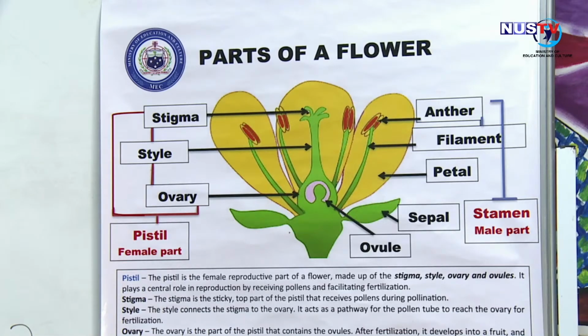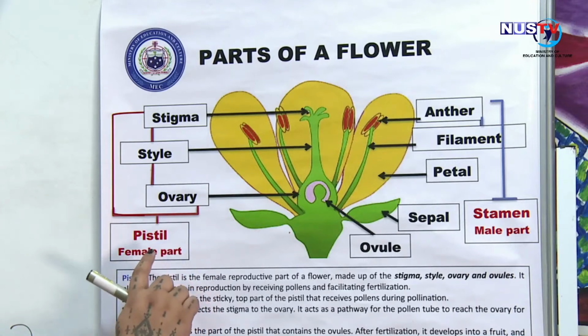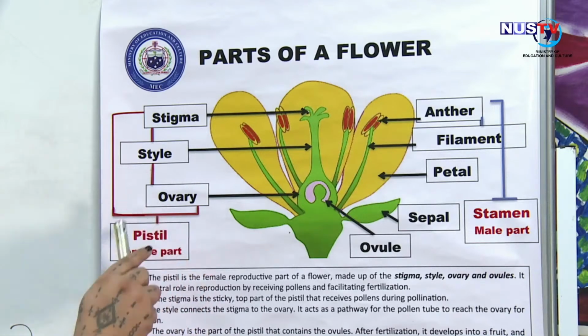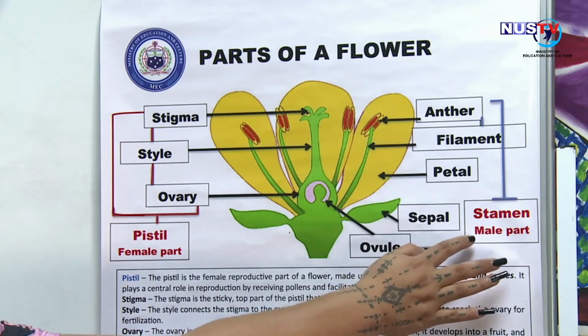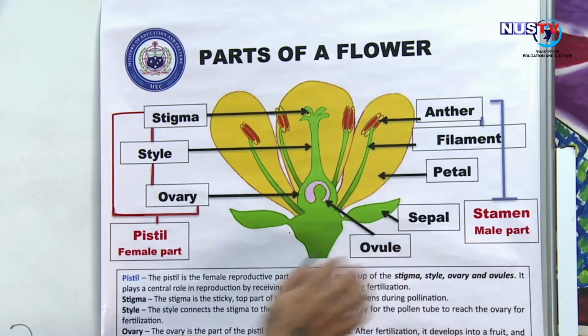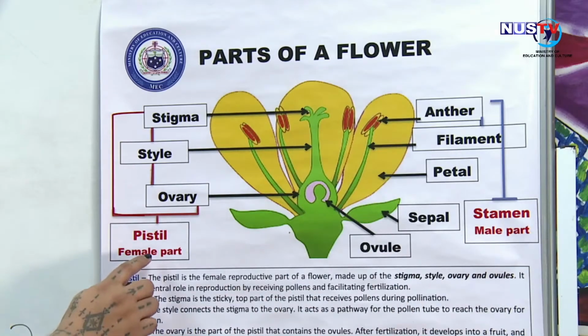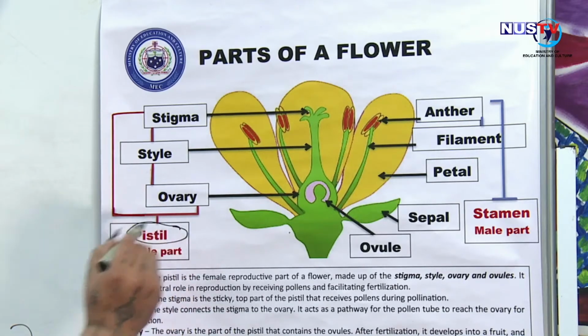The first thing you need to understand is that the flower has two main parts. It has a female part, and it also has a male part. So the female part is called a pistil.